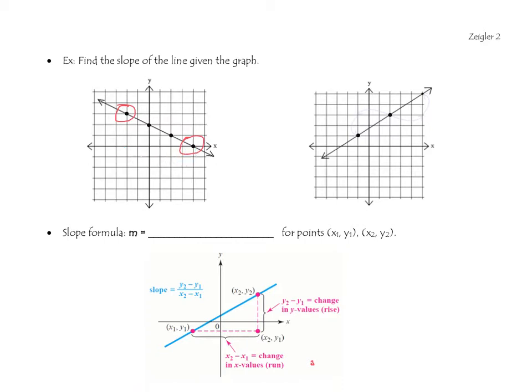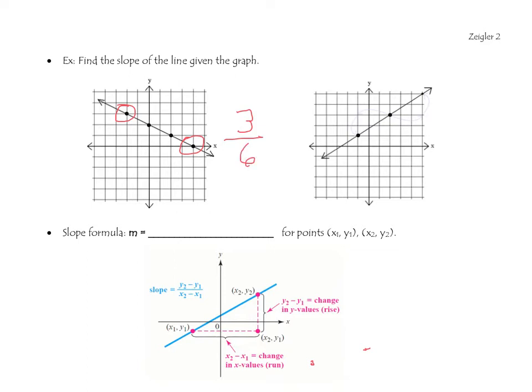So all we have to do is count the lines. It rises 1, 2, 3, and it runs 1, 2, 3, 4, 5, 6. So we know that the line is going to rise 3 and run 6.